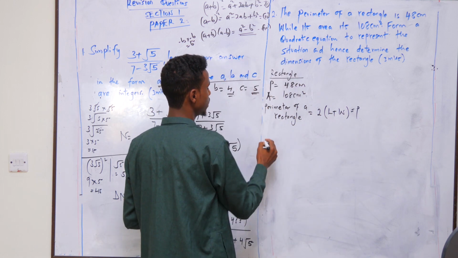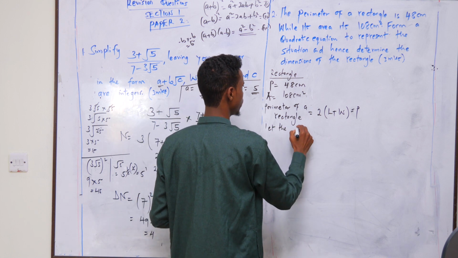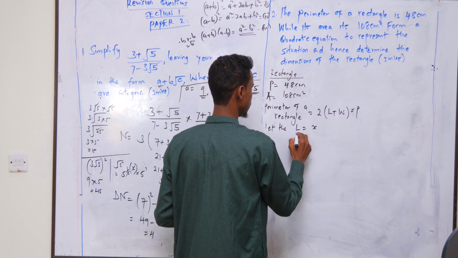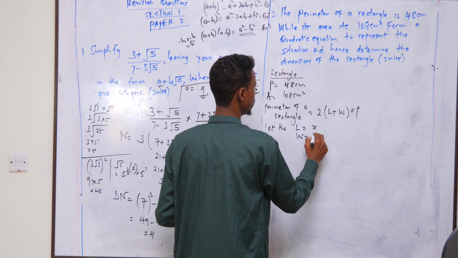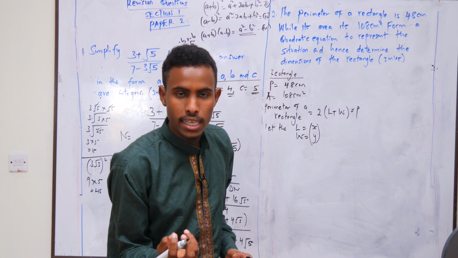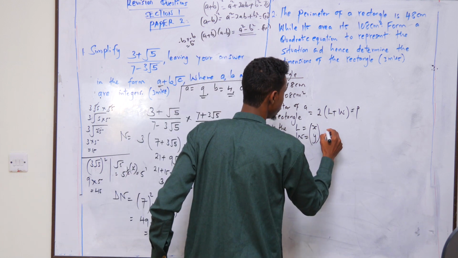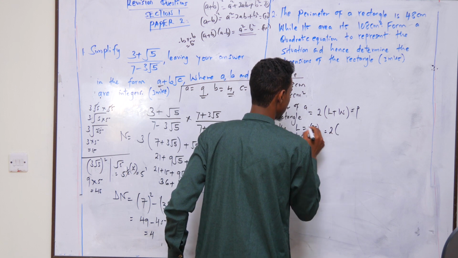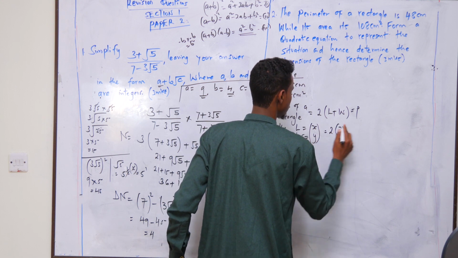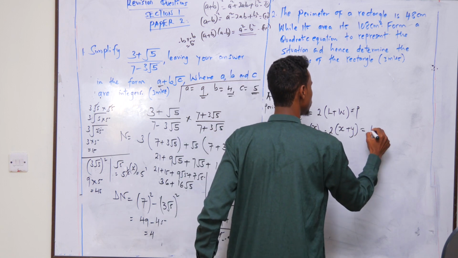Now let's say let the length L be X and the width be Y. Very good. Now that will mean 2 into bracket length is X plus width is Y shall give us the perimeter, which is 48.